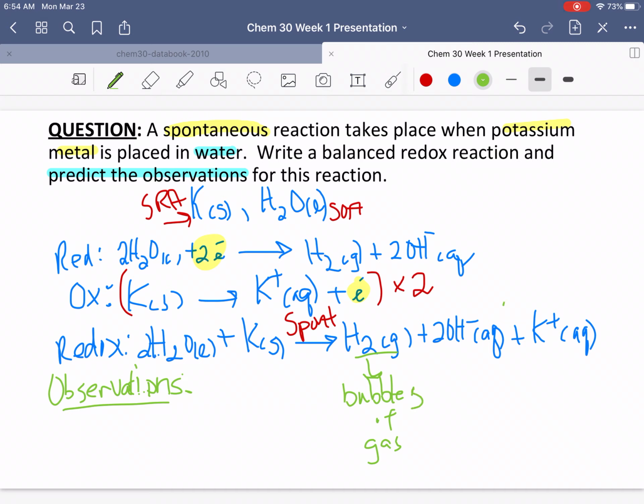We also have a situation where hydroxide is being produced. Hydroxide is a base. So if I end up taking some litmus paper and doing a litmus test, I'm going to see it goes blue because it becomes more basic.